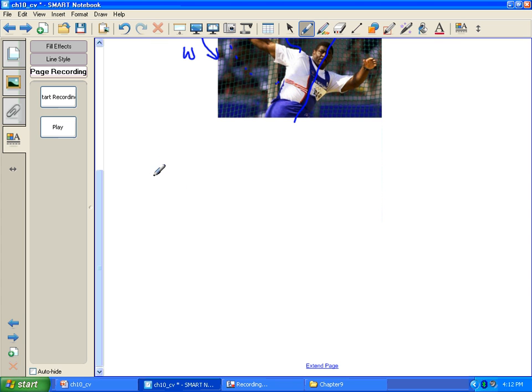They've told us that this discus starts from rest, so v initial is 0. They've told us that at the point of release, which we're going to call v final, and it is tangential, by the way, is 25 meters per second.